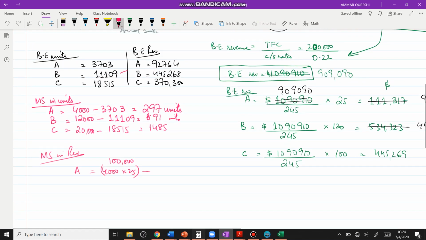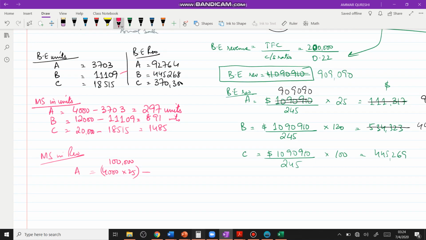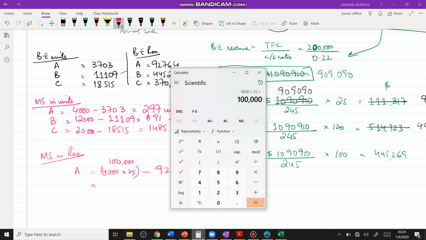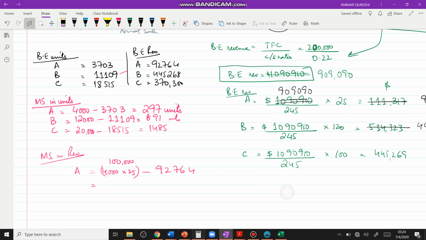Minus break even in revenue, 92764. So the margin of safety will be 7236, right?